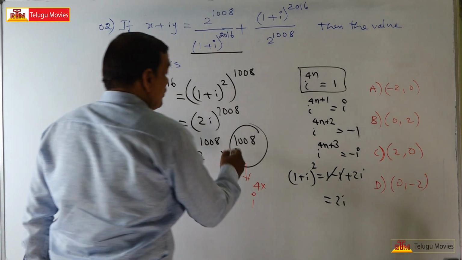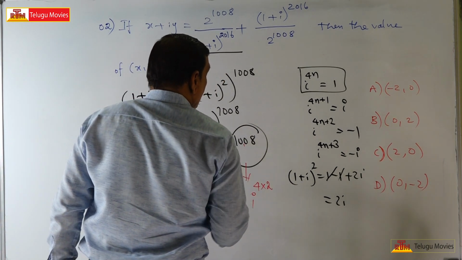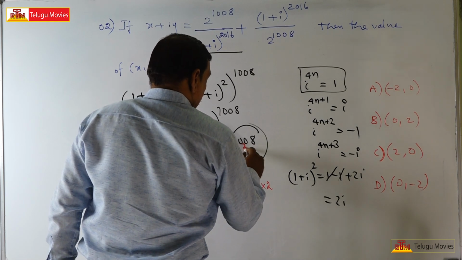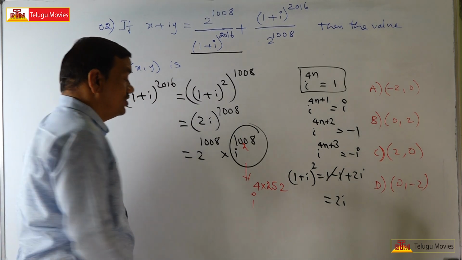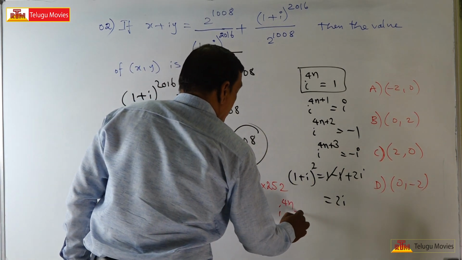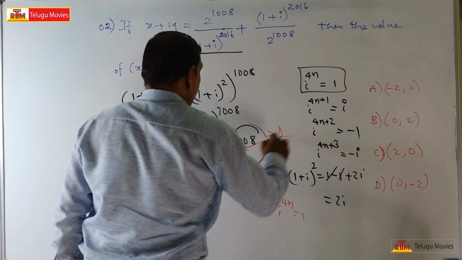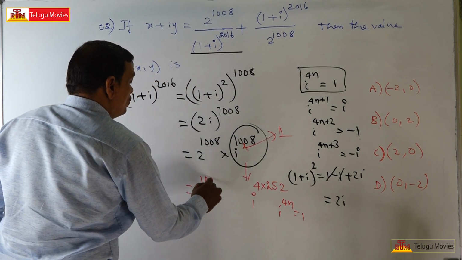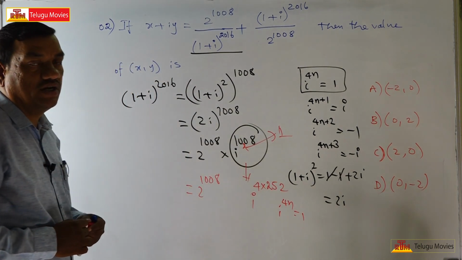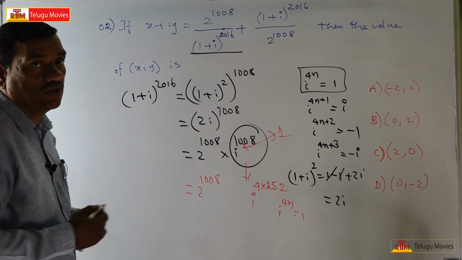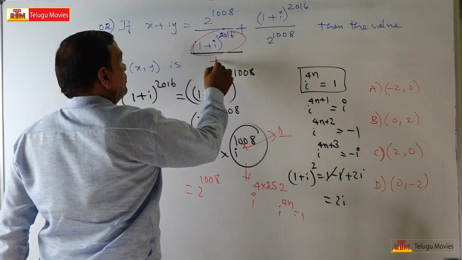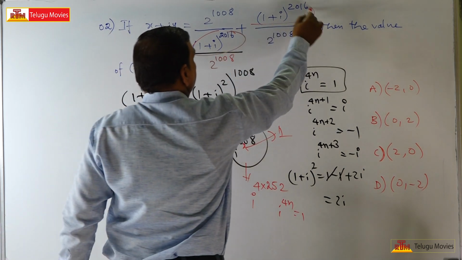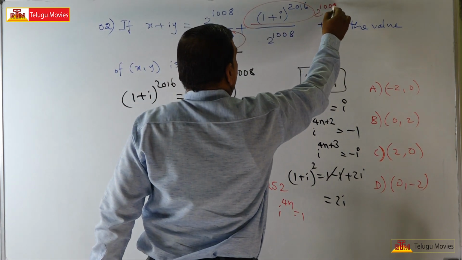See here, 4 twos are 8 and 4 times 252. So this is equal to i power 4n and its value is 1. So this is equal to 2 to the power of 1008, and its value is 2 to the power of 1008.